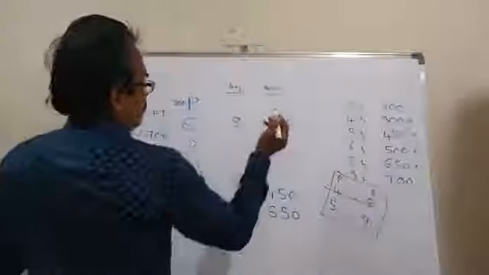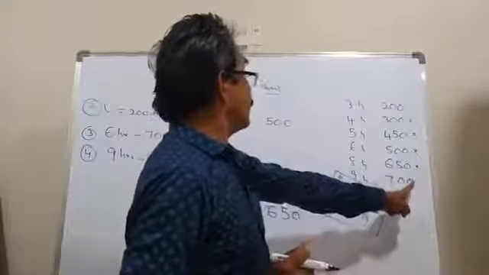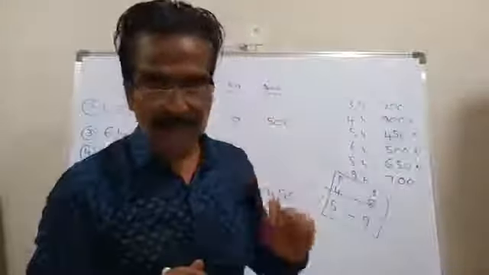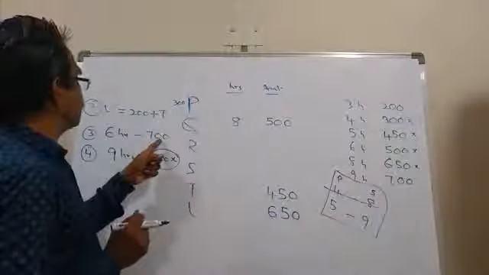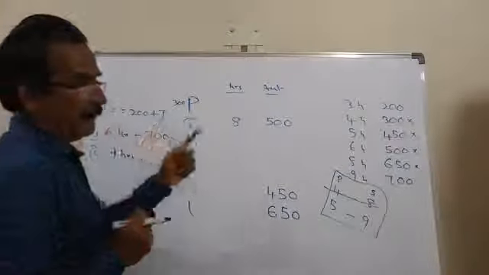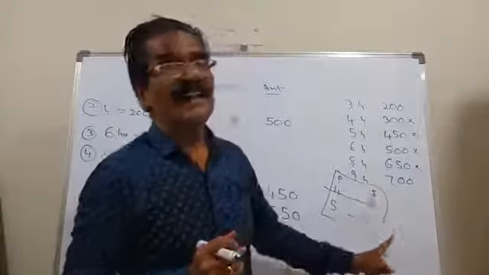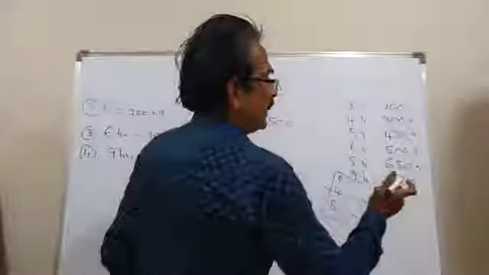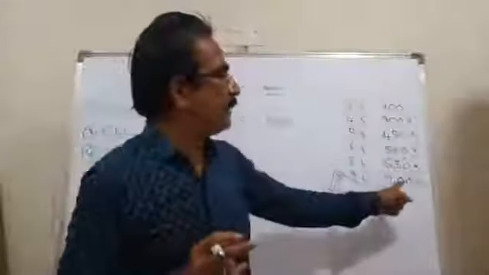So let us see. P cannot be 700. Why can P not be 700? Because the person earning 700 should work 6 hours, but P must work either 5 hours or 9 hours. So P cannot earn 700 rupees. Right friends, you are getting my point.